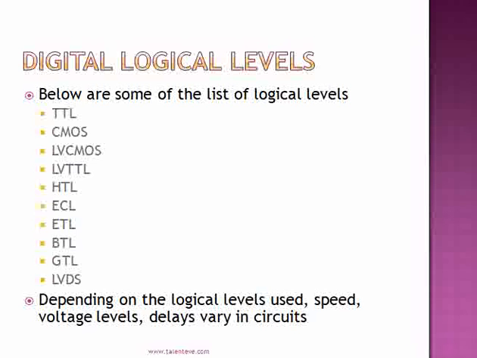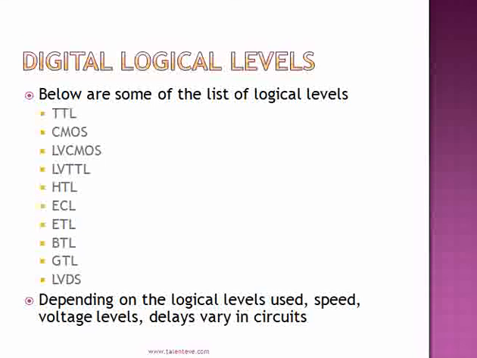As we mentioned, mainly these logic levels are used to bring sync between the driver and the receiver, whether it be from the voltage levels or the internal circuits that are involved, which may have different characteristics, like the propagation delays associated with the circuits, and the speed at which they can turn on and off the internal circuits, right?